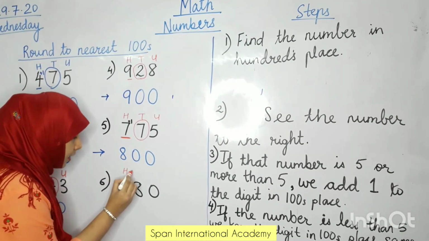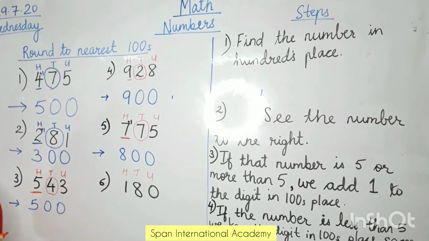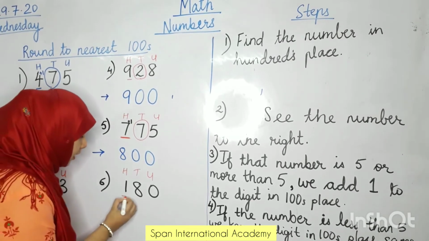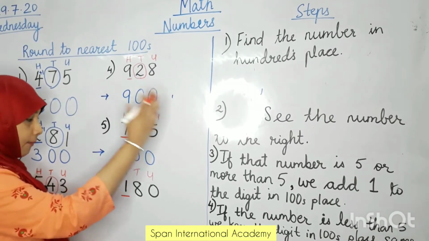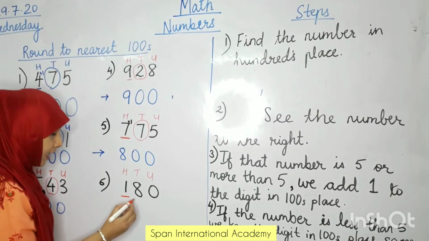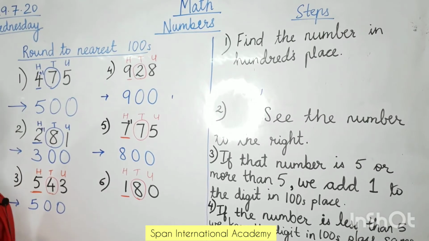So I put my place values, 100, tens and units. Which number is in the hundreds place now? It is number 1. The second step tells me to see the number to its right. From 1, when I see the number to its right, I get 8.